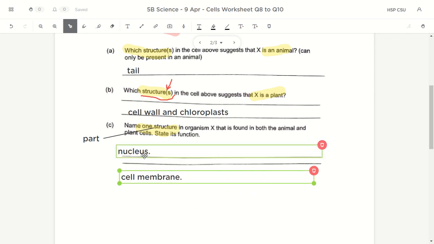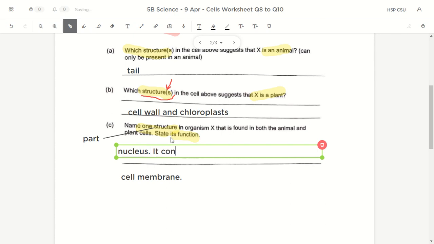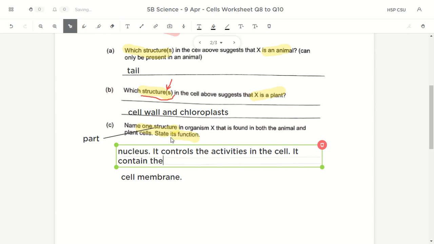Okay, so after that, a lot of you forgot to write the function. The function is important. They are asking you for function. So after you write the part, you must tell me what's the function. The function of nucleus: it controls the activities in the cell, or you can say it contains the genetic information that will be passed down to the next generation.